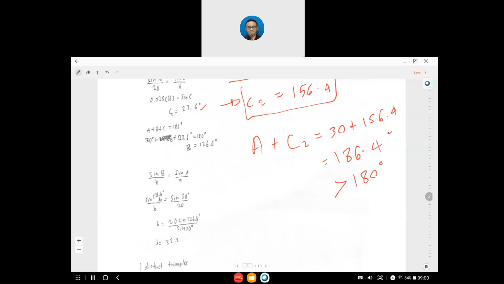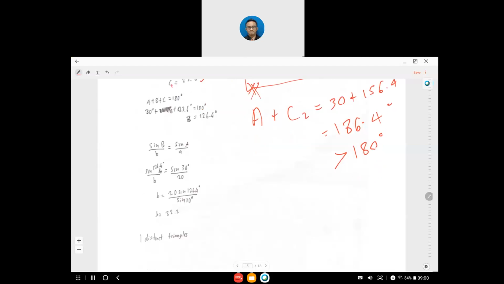So when this one is greater than 180, it means that C2 does not exist. Not possible. So we only have C1. So we can say that you only have one distinct triangle because C2 is not possible.